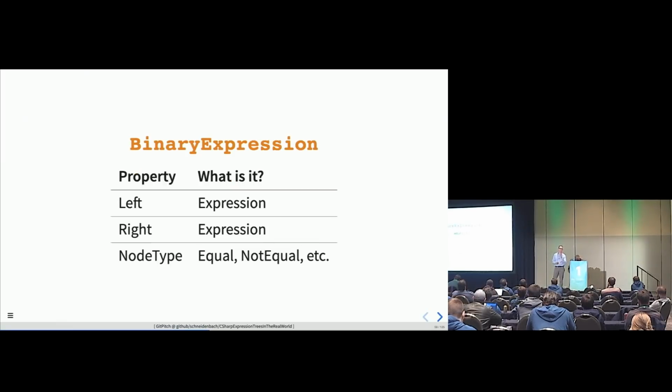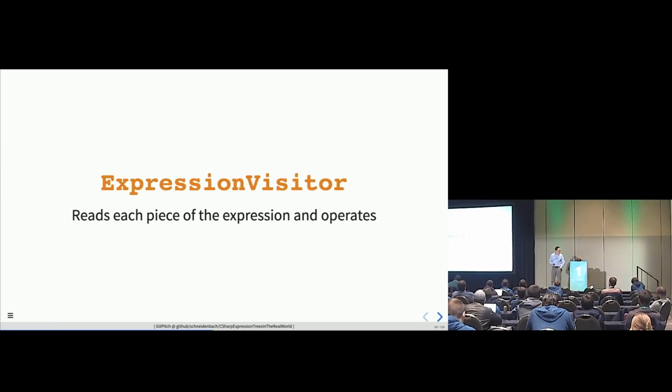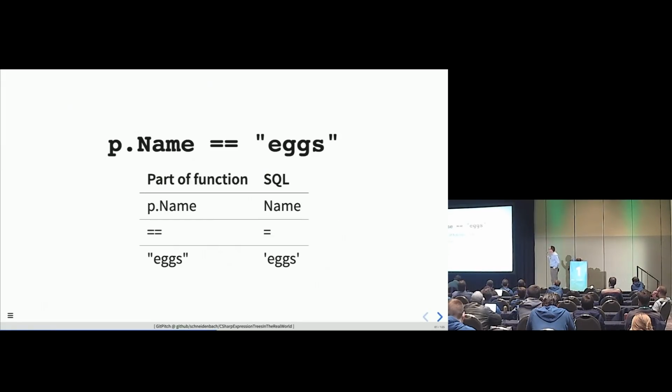So a binary expression has a left side, a right side, and an operator, a node type, right? The node type is usually like equal, not equal, that kind of thing. So the expression visitor reads each piece of that expression and operates on it. So when we look at this p.name equals eggs, we're breaking down that where clause.